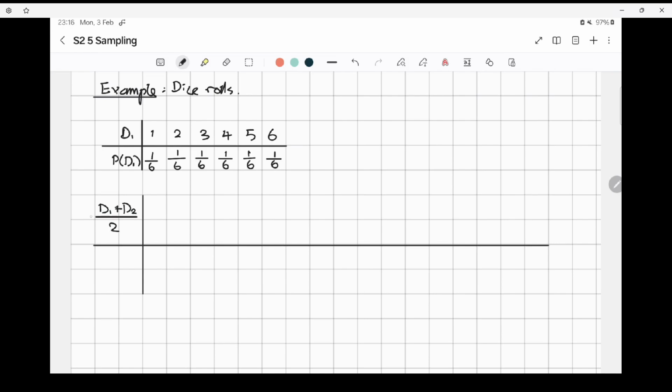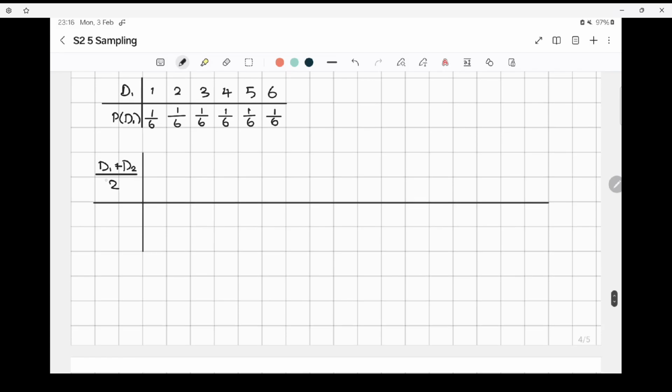I denote this as, let's say, y. Here I try to find out the probability of everything. Beforehand, I know for sure that this should be divided by 36, so I just put it at the side.